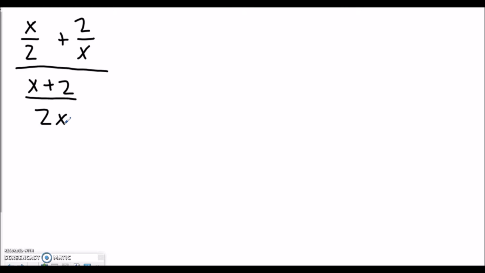We could find the least common denominator or least common multiple for all three fractions and multiply everything by that, or we can keep the top and the bottom separate. And in general, I'm going to try to keep the top and bottom separate. So for the top, my common denominator would be 2x.